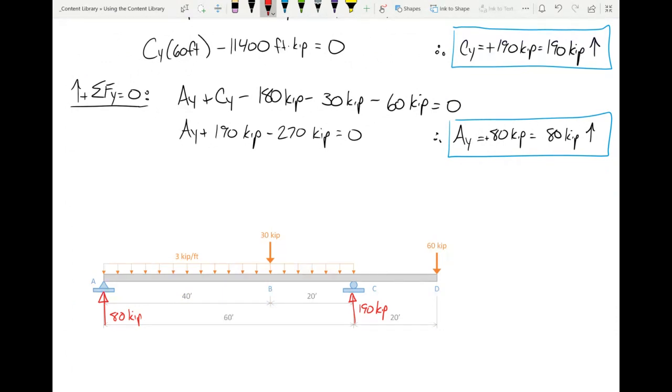And I'll give everybody a sec if you need to redraw some things or you need to plot some stuff out. Take your time. We've got plenty of time. I don't want to rush this because this is such an important concept in engineering.